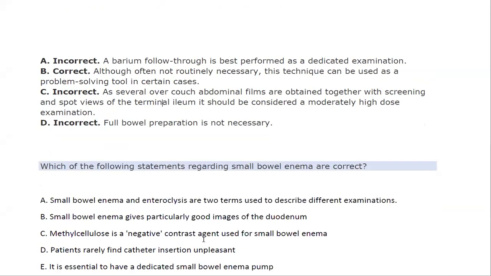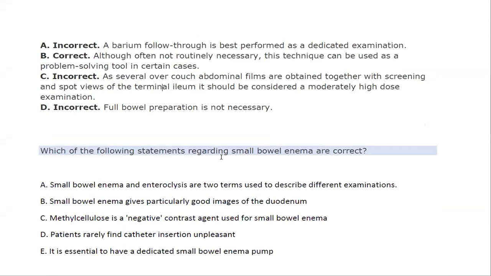Another question. Which of the following statements regarding small bowel enema are correct? Small bowel enema and enteroclysis are two terms used to describe different examinations. Small bowel enema gives particularly good images of the duodenum. Methyl cellulose is a negative contrast agent used for small bowel enema.